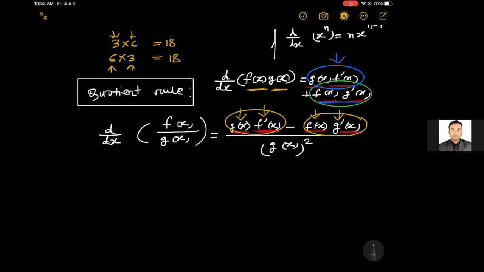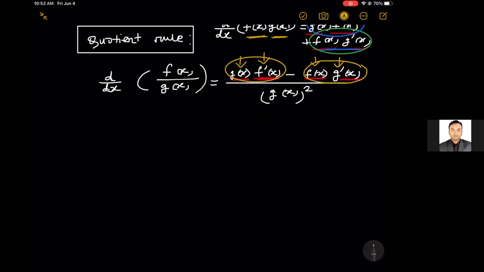But that is not the case with quotients. If you divide 6 by 3, it gives you 2. If you divide 3 by 6, it gives you half. So you can clearly see changing the order matters. That's why you can't change the order here.